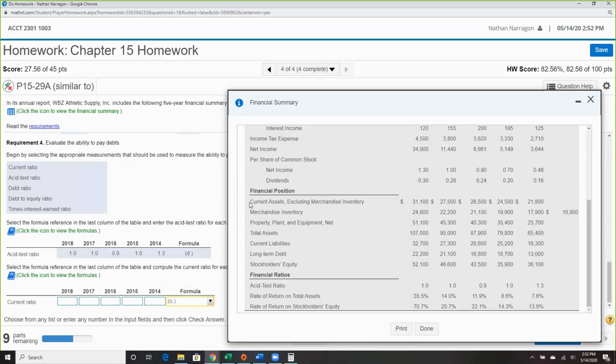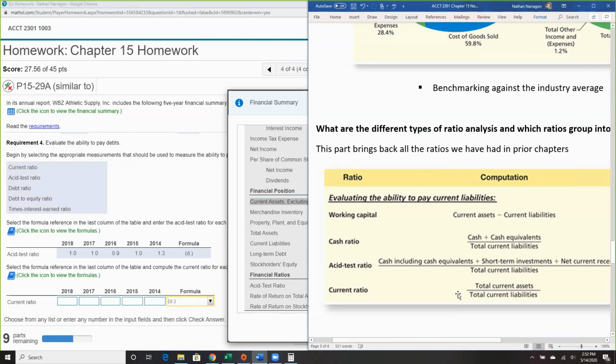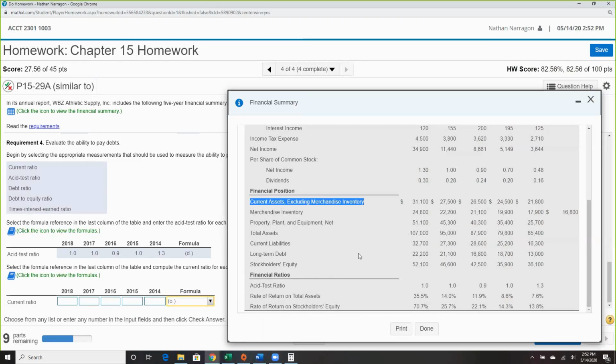There's current assets, excluding merchandise inventory. Oh, they had to do that. But they do give us current liabilities. So again, we're going to have to do a little add because they exclude merchandise inventory, and that's actually part of current assets. And then divide by current liabilities.